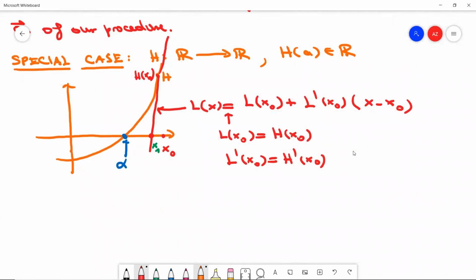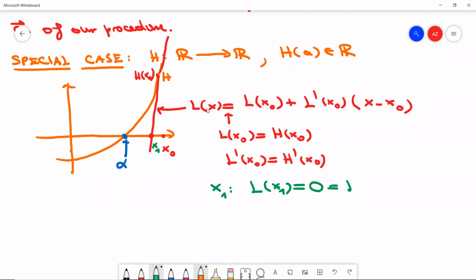And how to get x1? So x1 was the x value where L of x was equal to 0. So L of x1 was equal to 0.